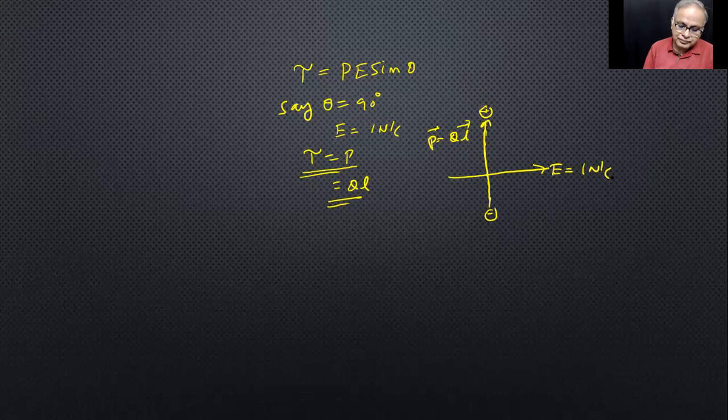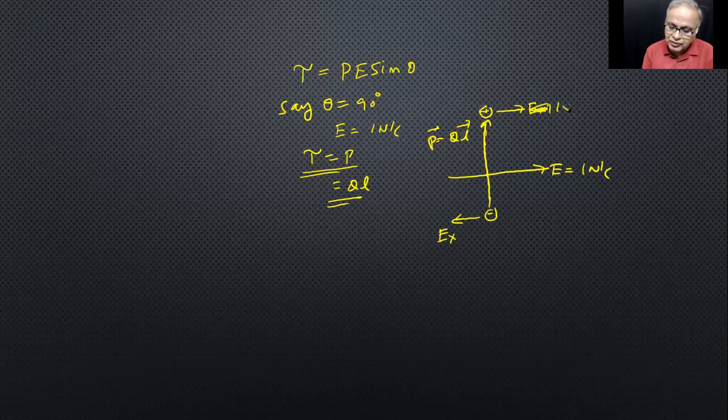So the force at this point will be E into Q, that is 1 into Q. The force at this point is also E into Q. So Q into 1 is this force, Q into 1 is this force. The distance is L. So Q into L is the torque, which is P. This theta is 90 degrees.